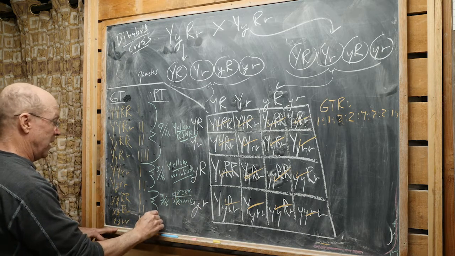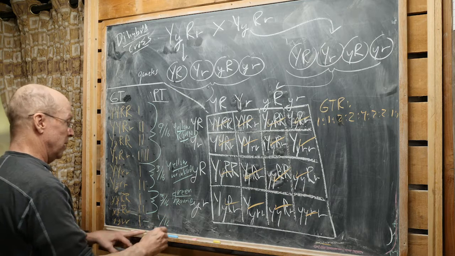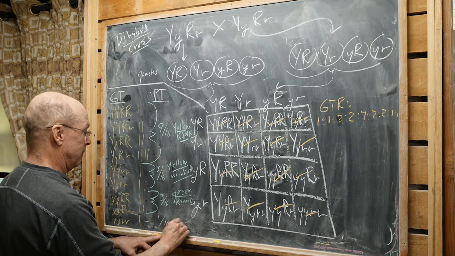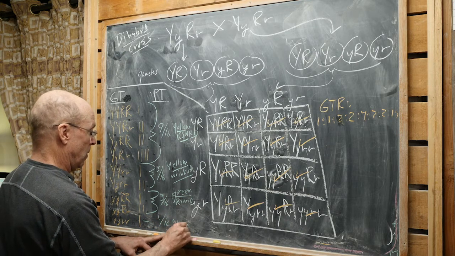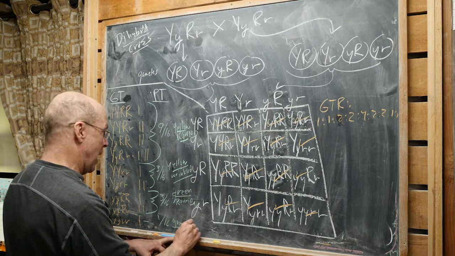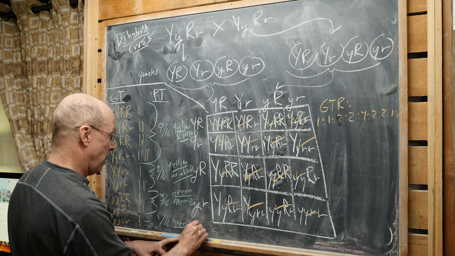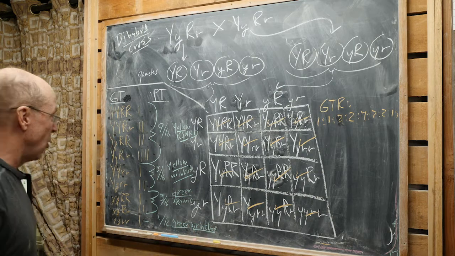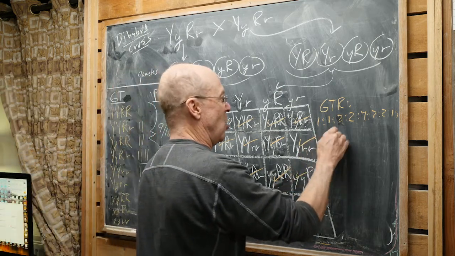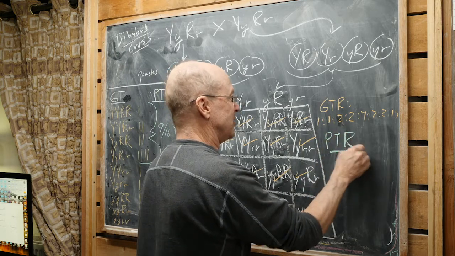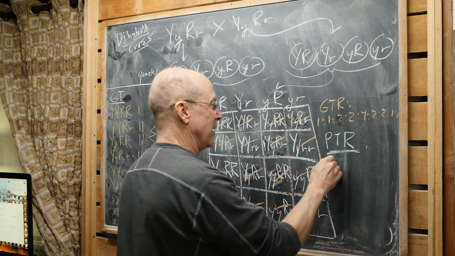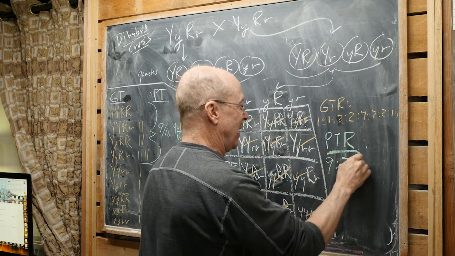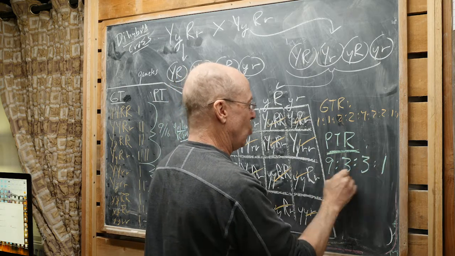And then this little guy here, 1 out of 16, is going to be green and wrinkled. Boom. So phenotypic ratio is big time stuff. It means something. 9 to 3 to 3 to 1.